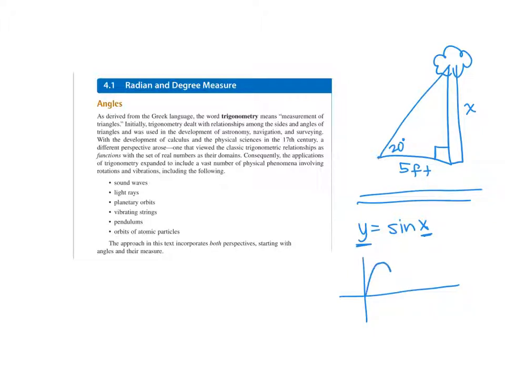So maybe we have a high tide or a low tide, and we want to be able to describe what's happening: at what time do we have high tide, what time do we have low tide, how often does it happen. So functions can be useful in describing various phenomena, including these types of things here.